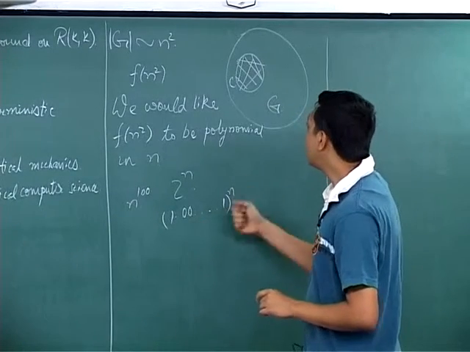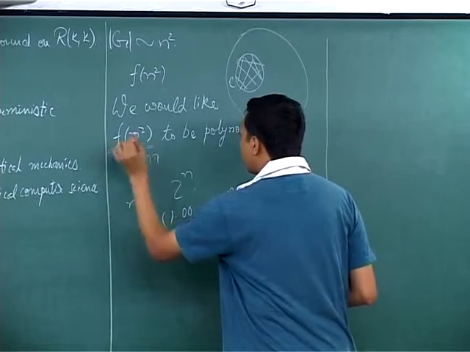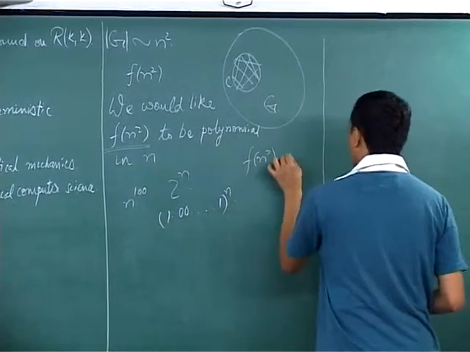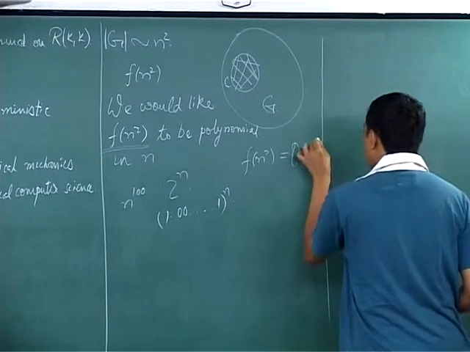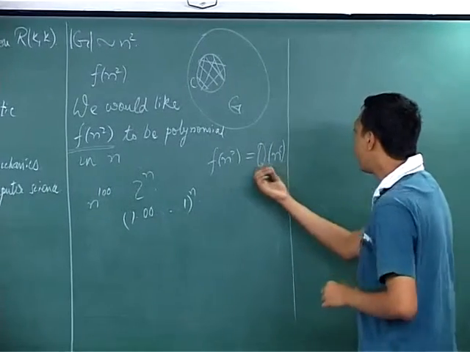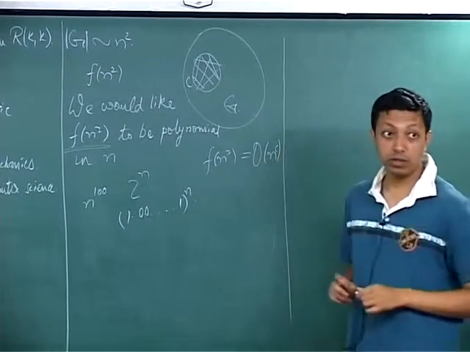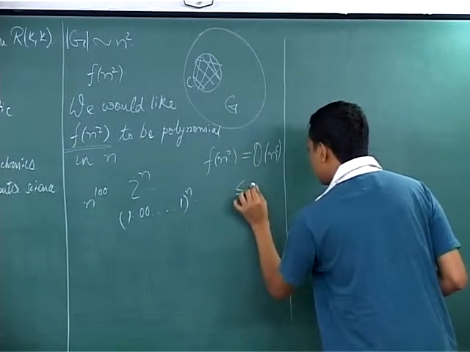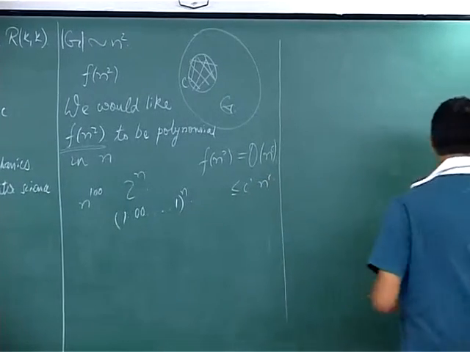That's why what you would like is that this function f of n square or whatever, it should be bounded, it should be O of n to the c, where c is some constant. So what I mean is it's less than some c prime times n to the c, where c and c prime are constants.